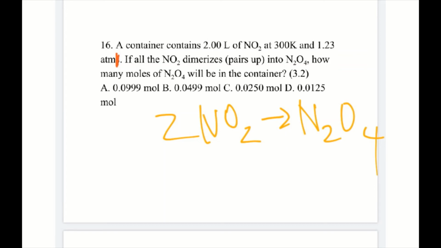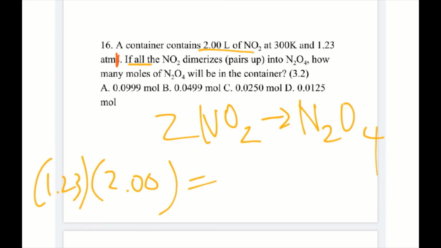So using this reaction, let's figure out how many moles of N2O4 will dimerize, since we're assuming all of it will dimerize, even though it won't in real life, but we're just assuming it. So if a container contains that many liters of NO2, we can write that as our volume, and our pressure is 1.23 atm, and this is equal to the moles of NO2.